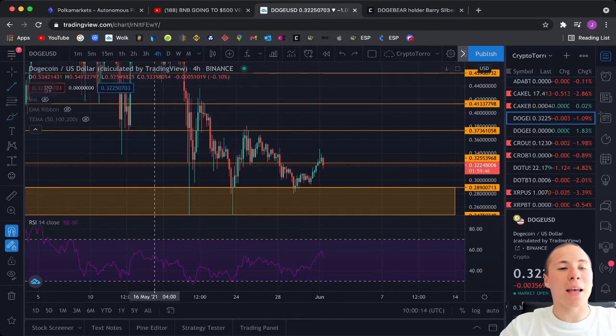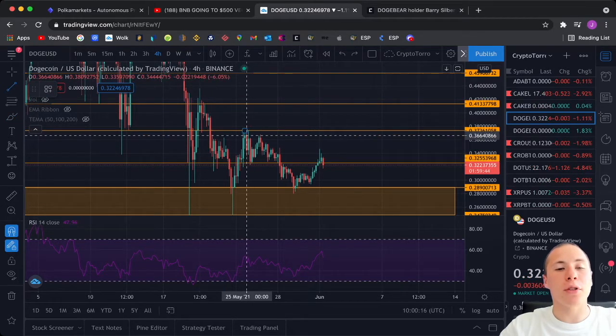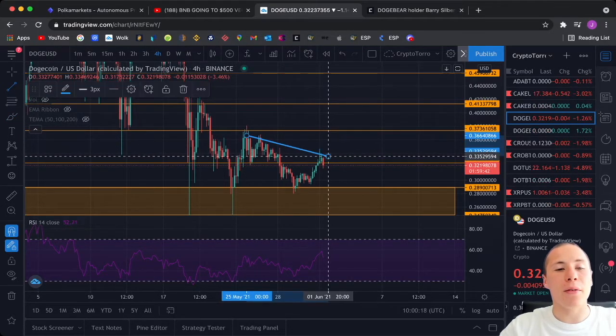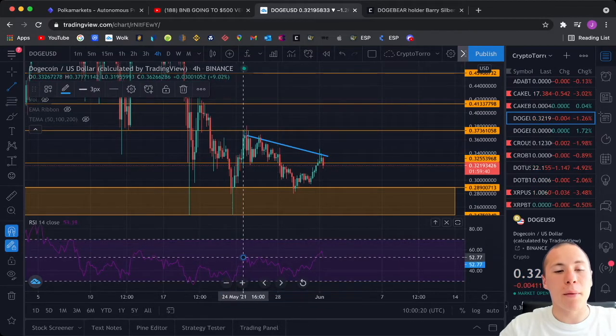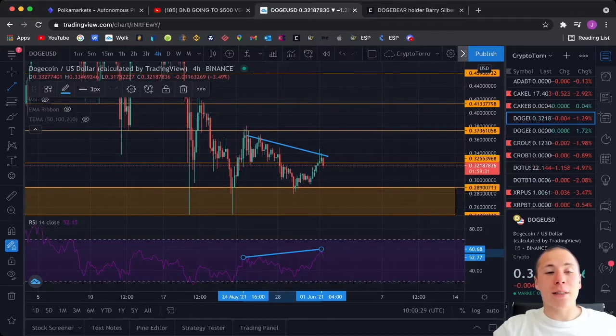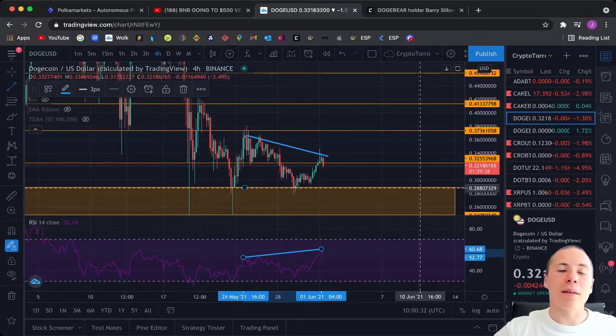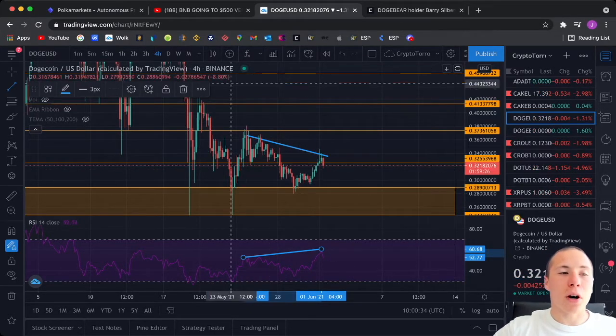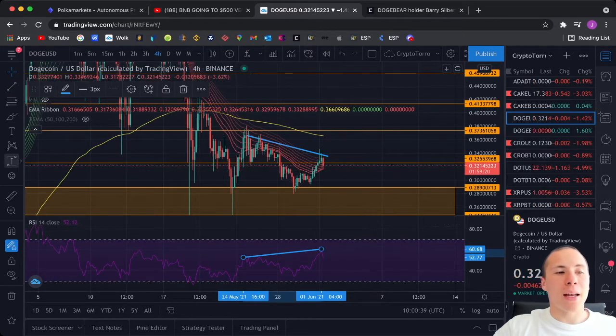This is actually a bearish divergence, and I think this is very important to take a look at, because the RSI is telling us that we will see downward momentum getting started on the Dogecoin chart and also on the Dogecoin price action.